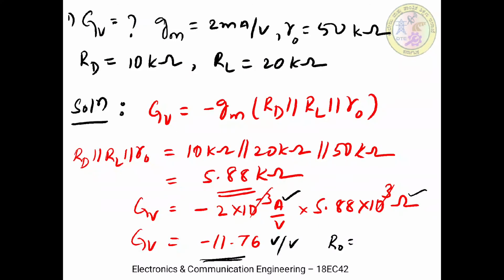You can check R naught is 50 kilo ohm whereas RD is only 10 kilo ohms. So RD is very much smaller than R naught, so approximately the output resistance will be equal to RD, almost 10 kilo ohms.